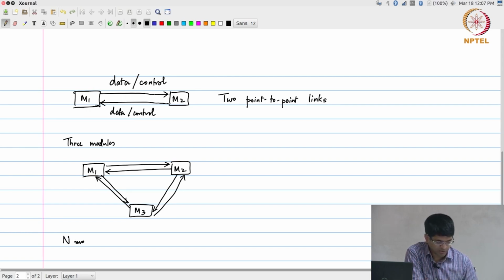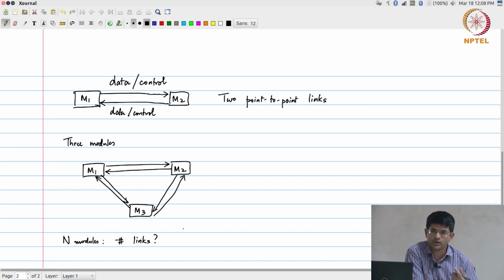If I have n modules, how many links will I need? Each one is essentially going to be the total number of edges in this graph that I am going to connect. At any point in time, I can choose 2 of the nodes, and there has to be a link between them.